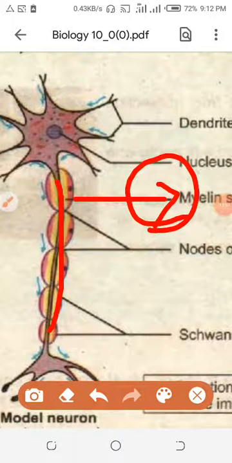And this myelinated sheath is an insulator. Nerve impulse cannot be transmitted through this myelinated sheath. But there are some areas in the axon in which the myelinated sheath is not present.